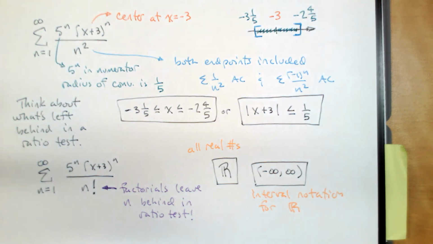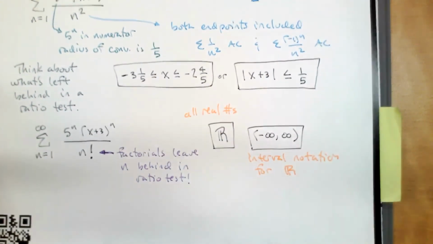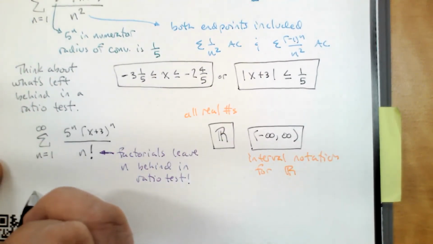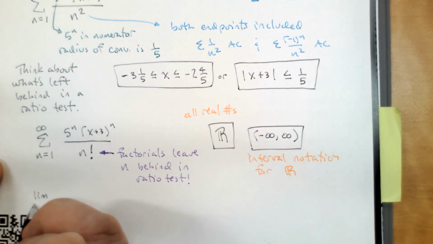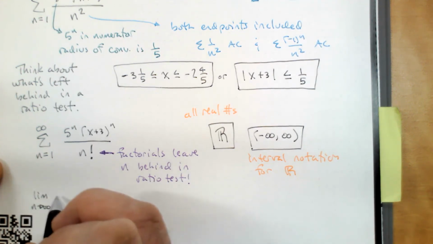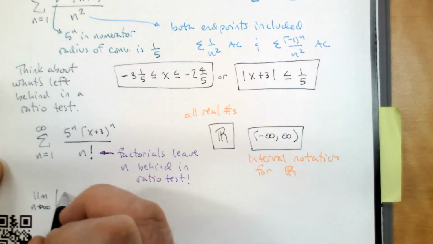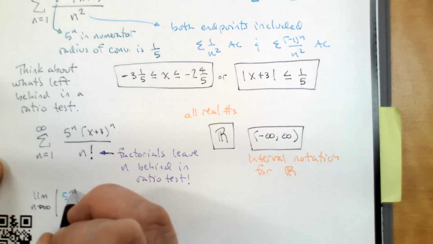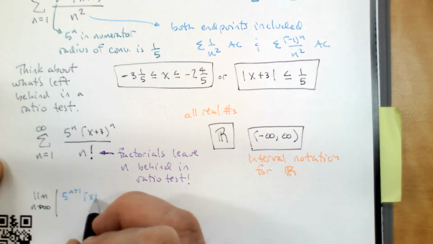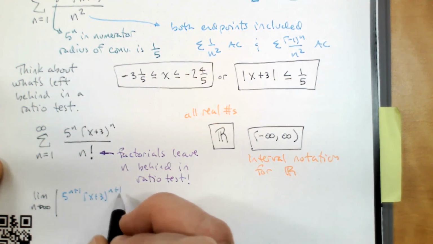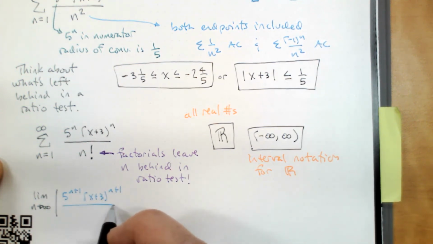So let's see the ratio test. Let's see this n get left behind in the ratio test. We'll take the limit as n goes to infinity of the absolute value of, we'll have a n plus 1, so 5 to the n plus 1 times x plus 3 to the n plus 1 over n plus 1 factorial.